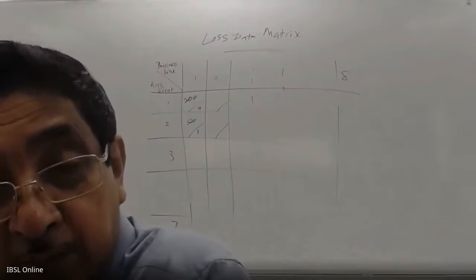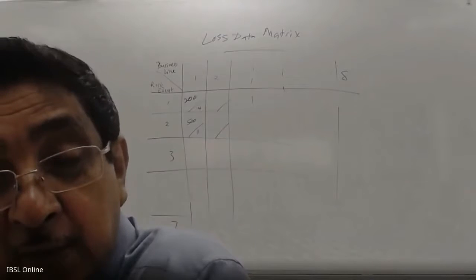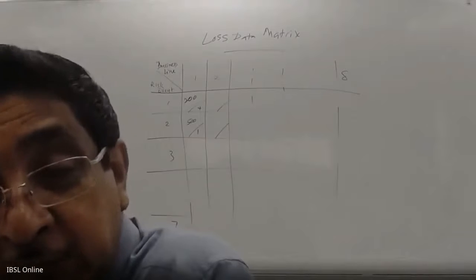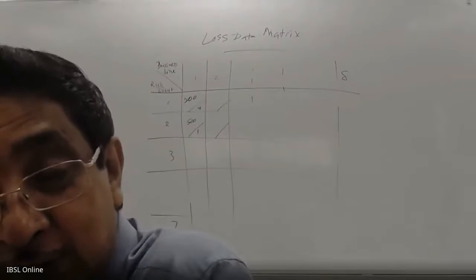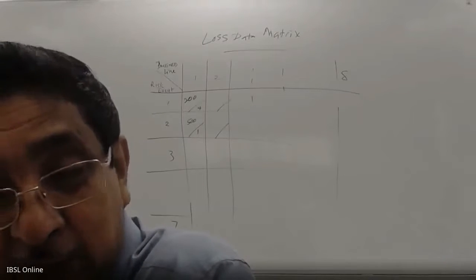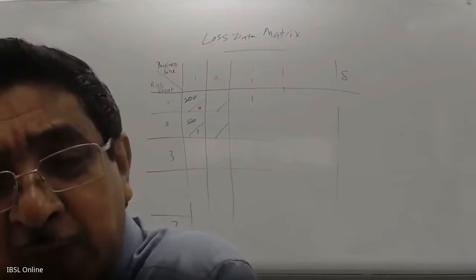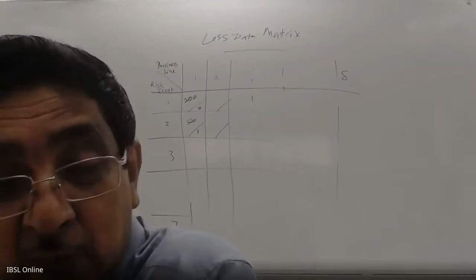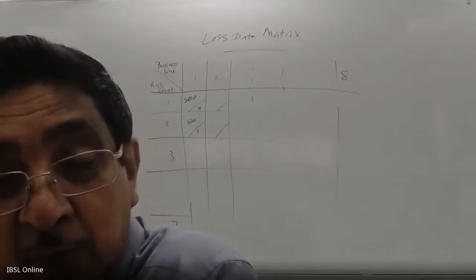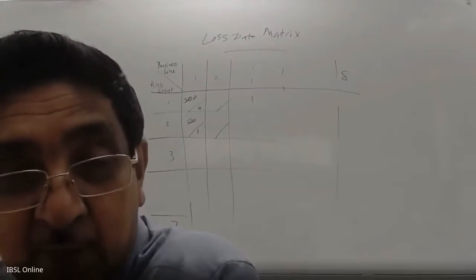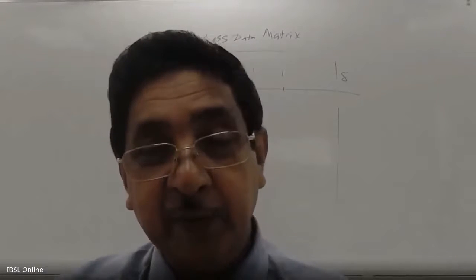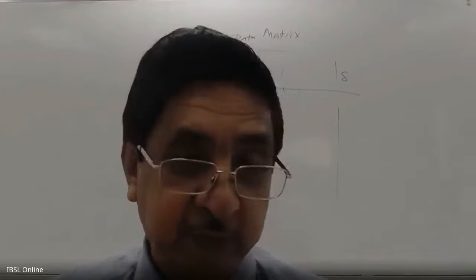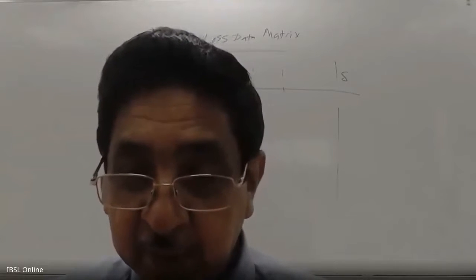You can see business line wise what the total loss and frequency are, and risk event type wise what the total loss and frequency are. Likewise, you can get several kinds of data. That data will give you a very good idea about the risk profile of the organization. That is the very nature of this internal loss data. With that, I think I can go to the next presentation.